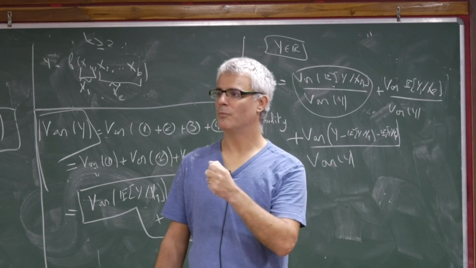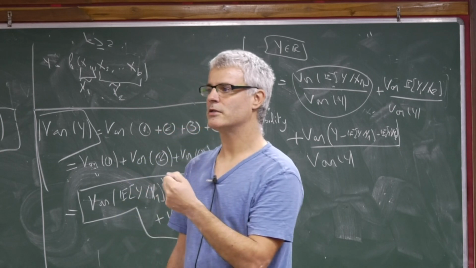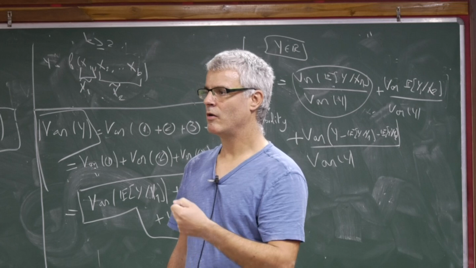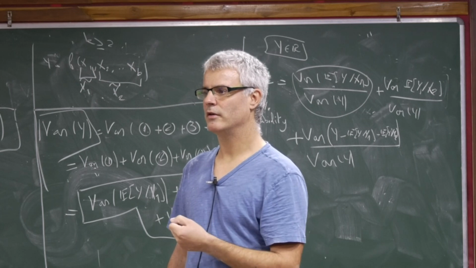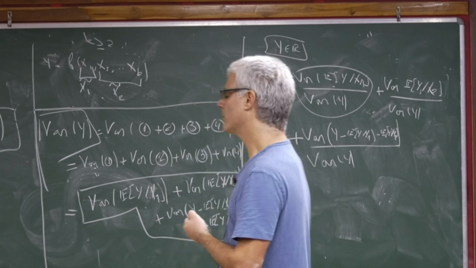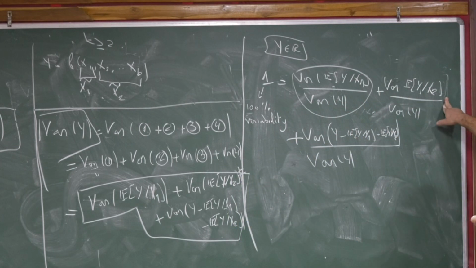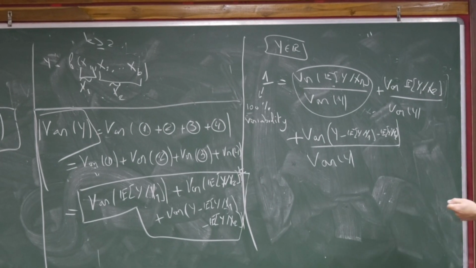So in some sense, you do the projection of y on the x1 space, and you see what percentage of variability you have in this space. This one will explain the importance of x2, what percentage x2 explains of the variance of the output y.